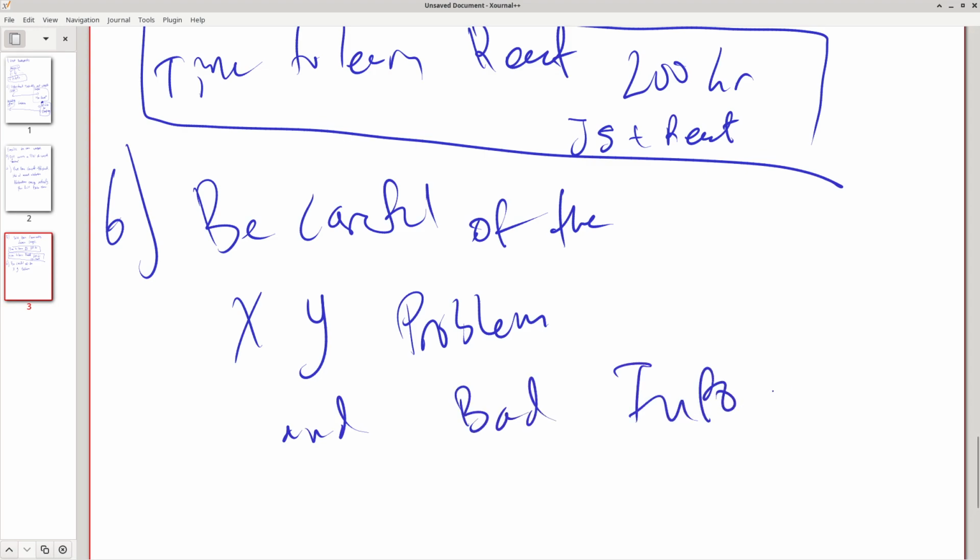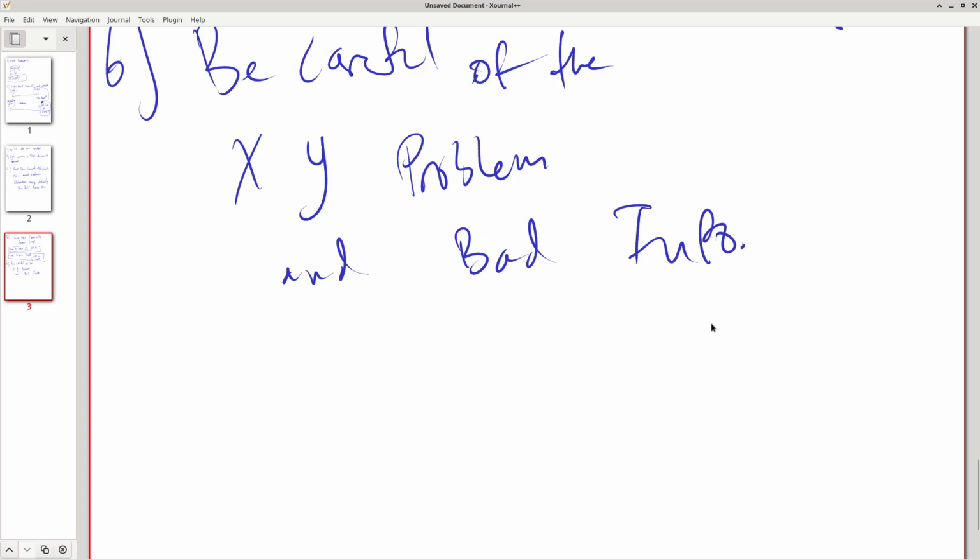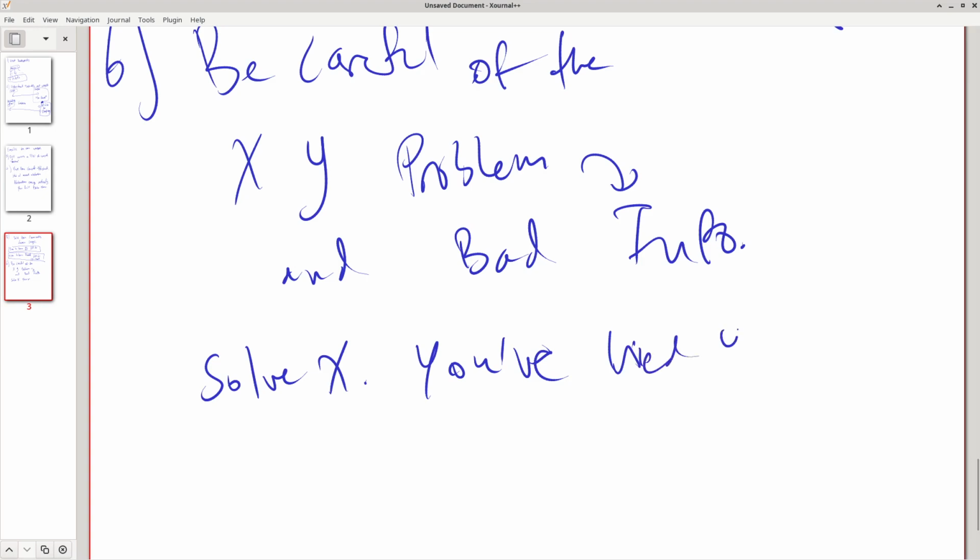This is kind of two things in one, but these are related because sometimes falling into the trap of the XY problem, which I'll explain in a second, will lead you to bad info. So what's the XY problem? Well, I think we've all been there. I don't remember which one's X and which one's Y, but say you want to solve X, right? So you've tried Y, but Y isn't quite working.